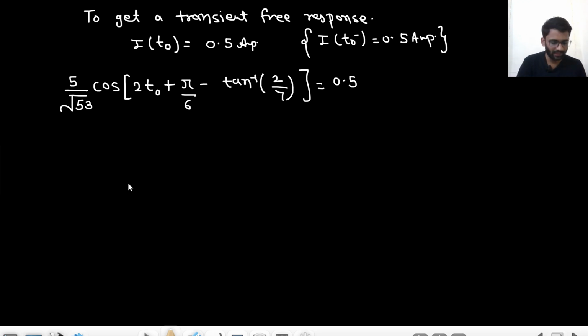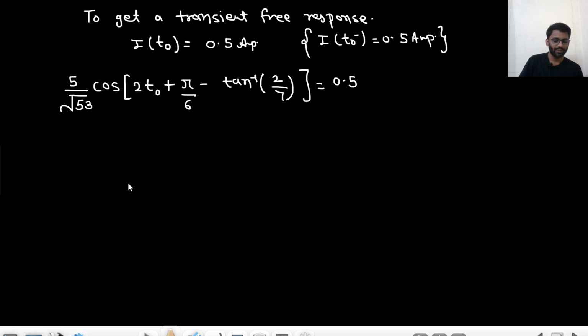So now I have to calculate. So what I will do, 0.5 into root 53 by 5, cos inverse, plus tan inverse 2 by 7, minus pi by 6, divide by 2.